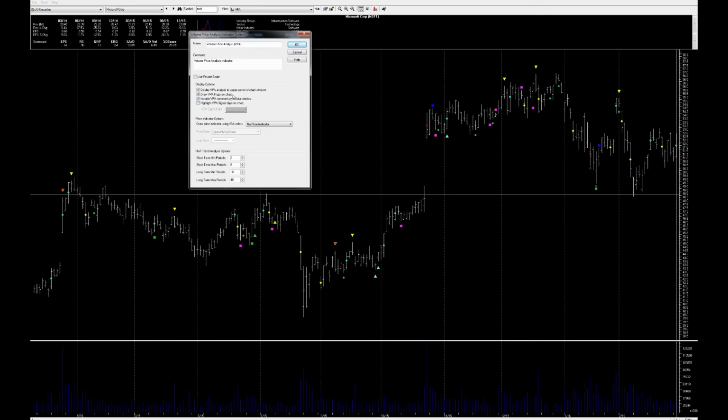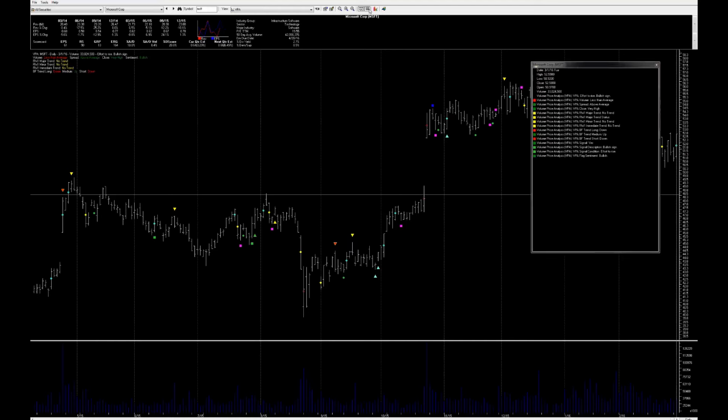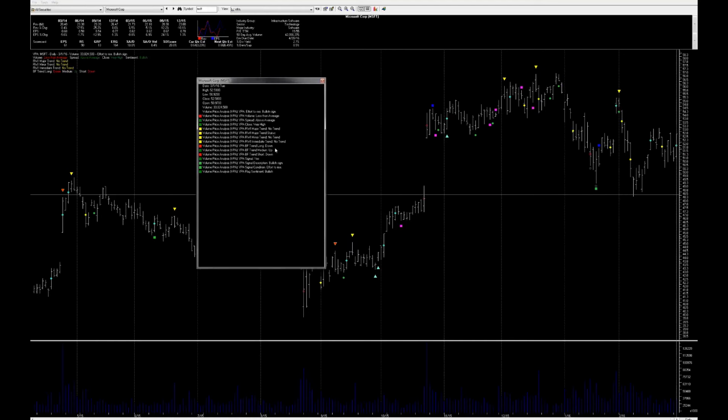The next checkbox controls whether the flags themselves are drawn. So it's entirely possible all you care about is the text itself and not actually seeing the flags. So we made that an option. The VPA analysis that shows up in the upper corner also shows up in the data window, inside HGSI's data window.